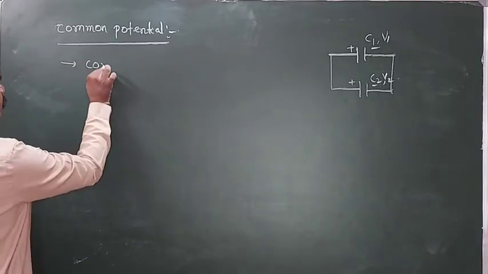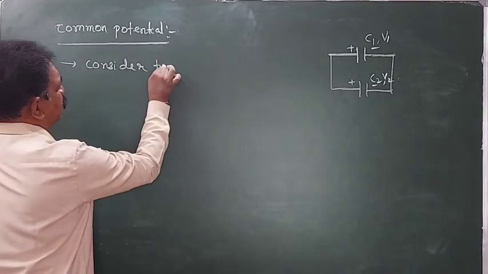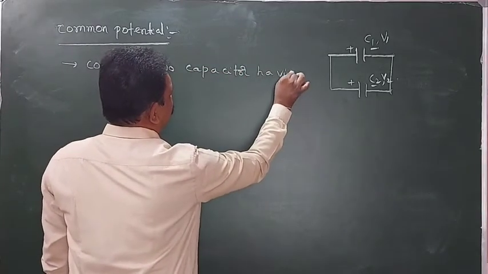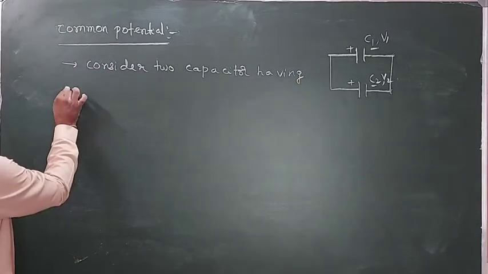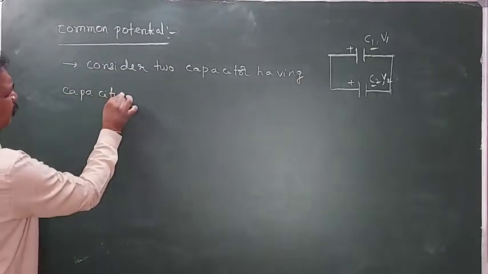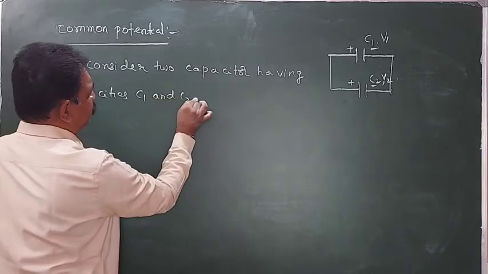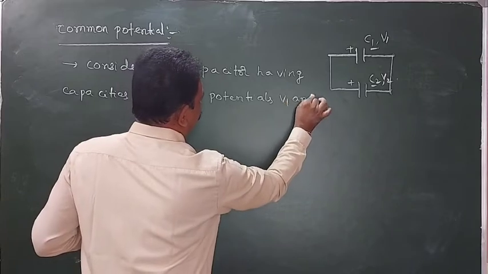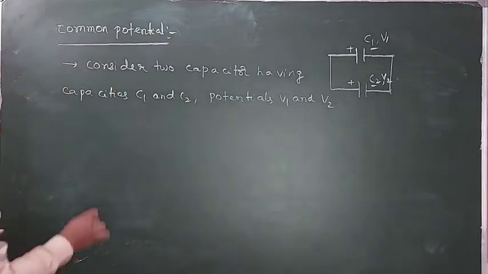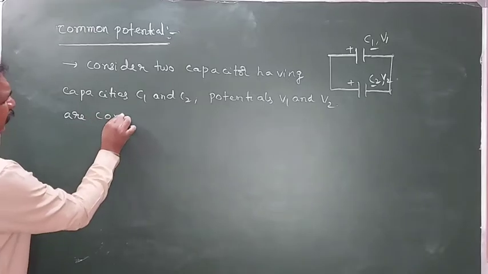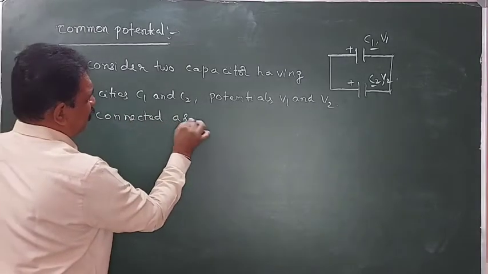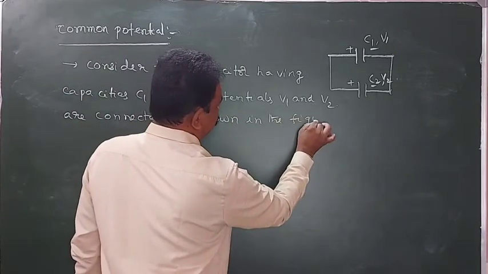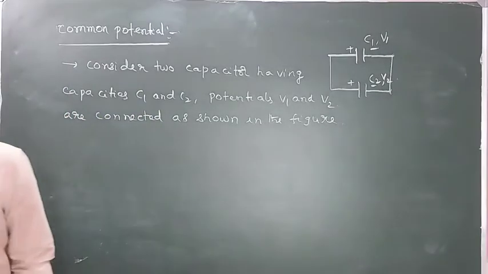So consider two capacitors having capacities C1 and C2, potentials V1 and V2, connected as shown in the figure.